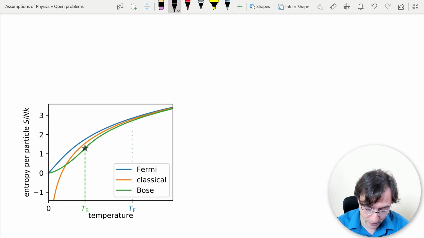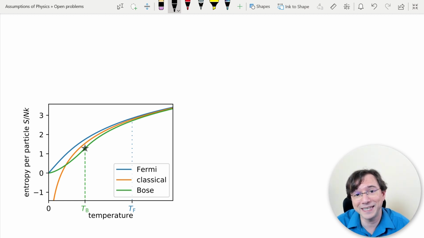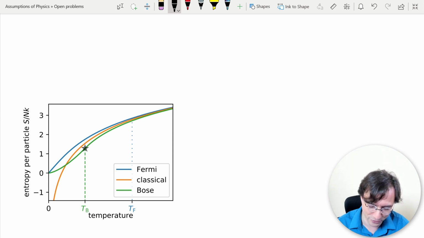If you look at the behavior of an ideal gas, what you're going to find is that a classical ideal gas is good at high temperature, and then at low temperature the statistics doesn't work anymore, and you have to actually get the statistics from quantum mechanics so that you get the Fermi gas or the Bose gas.